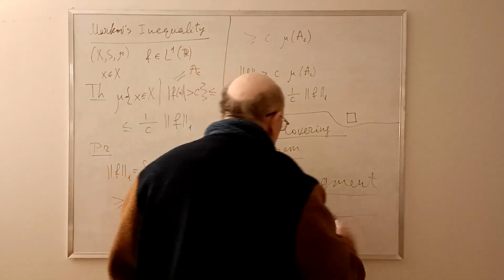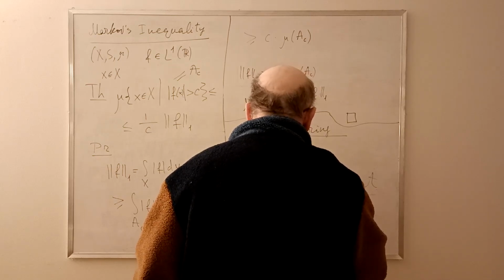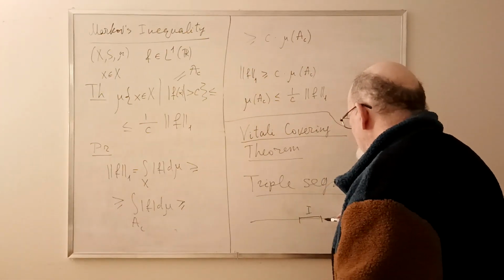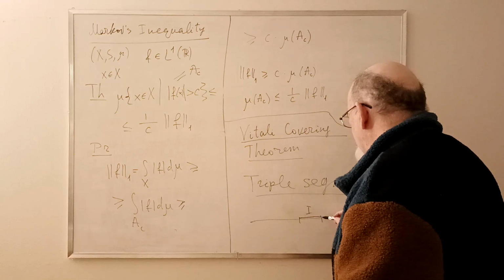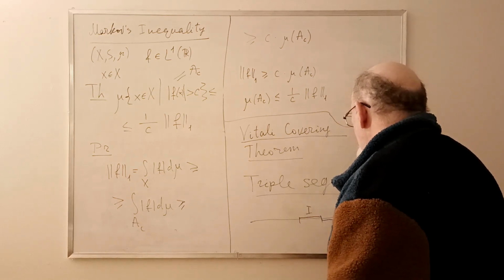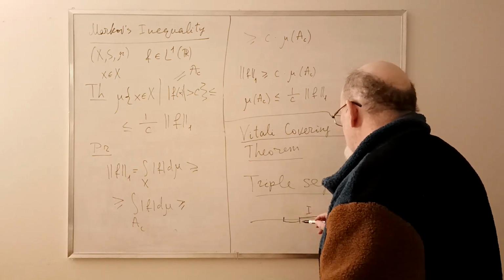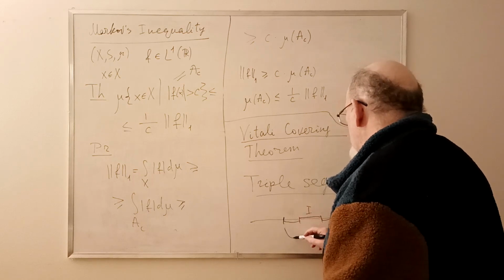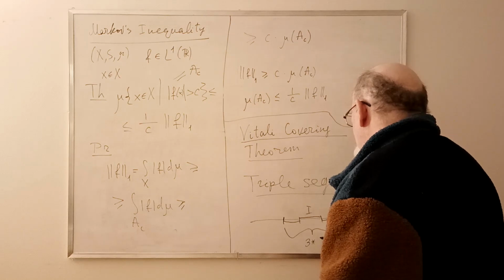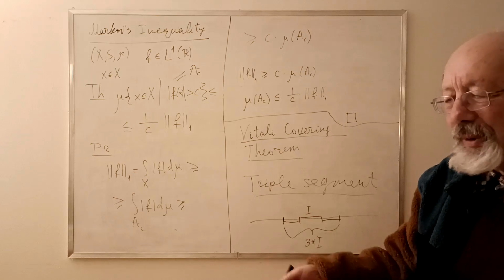Suppose we have a segment on the line, this segment I. Now a triple segment is the following. We add to the segment two segments of the same length, on the right and on the left. Altogether it is denoted by 3 times I. So it is a tripled segment.